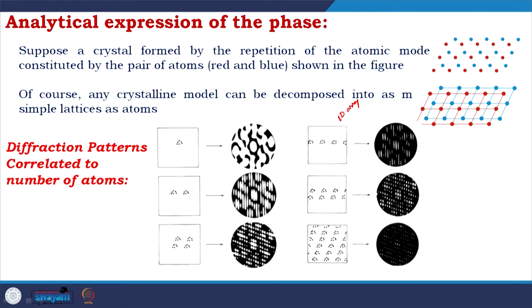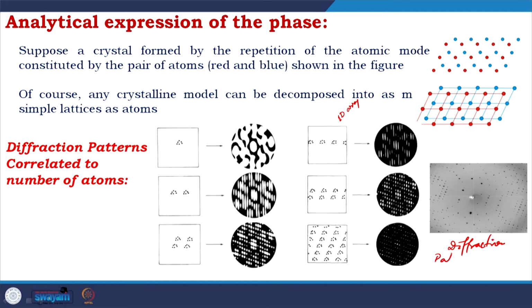If you see here, you already started getting a diffraction pattern that looks very similar to what we get in the diffraction pattern of a protein. So, this is the diffraction pattern of a protein. That is how the diffraction patterns are correlated to the number of atoms present in the molecule.